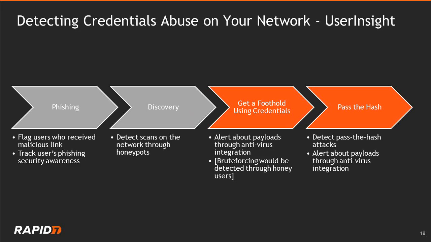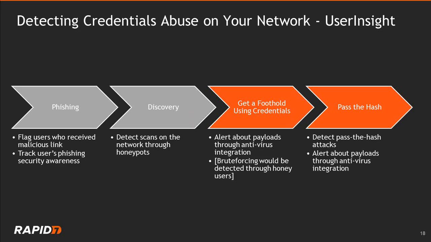So this is not the same screen as the one that I showed before to introduce you to the demo. This is a screen to walk you through how you could detect these kinds of attacks on the network. So let's switch over real quick from the view of a pen tester to the view of a defender. Credential-based attacks, as I said, are really hard to detect.